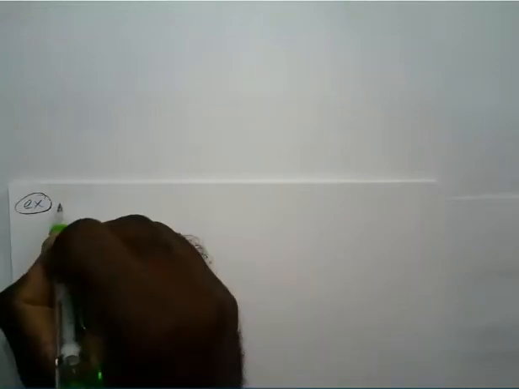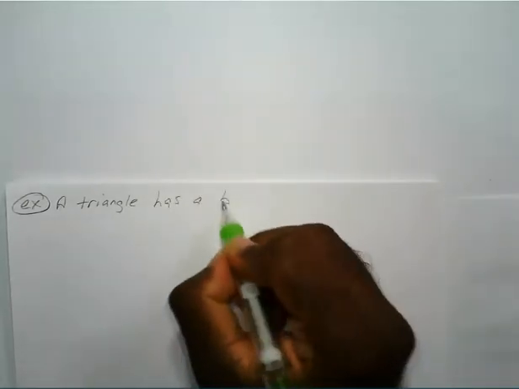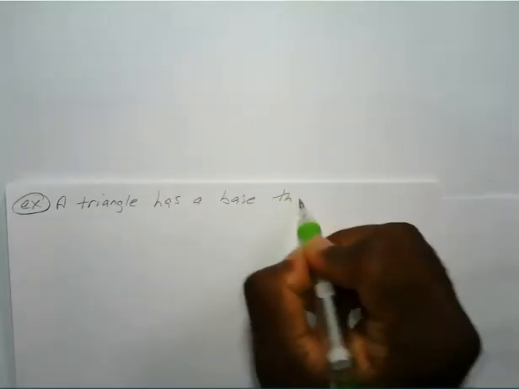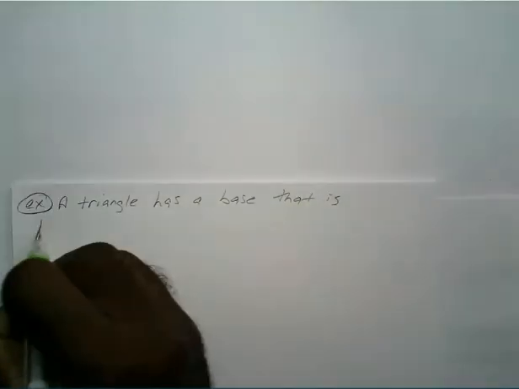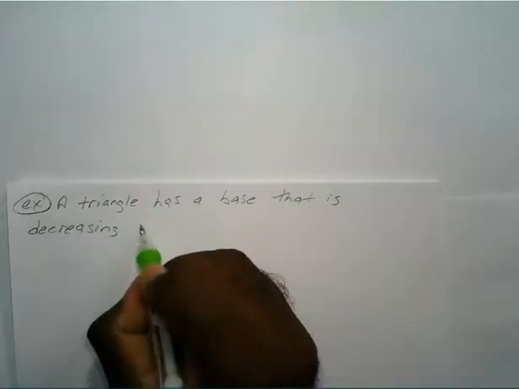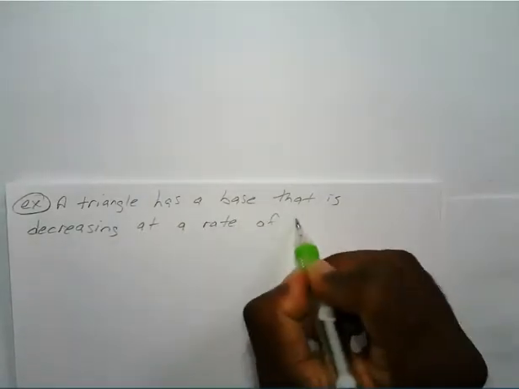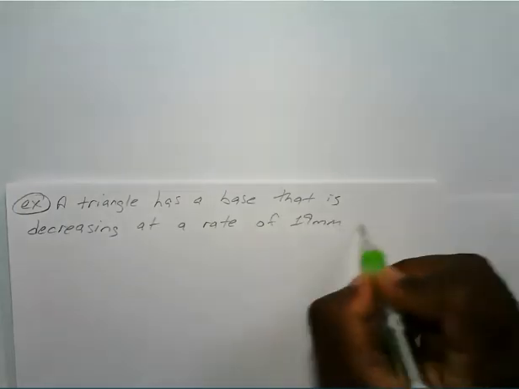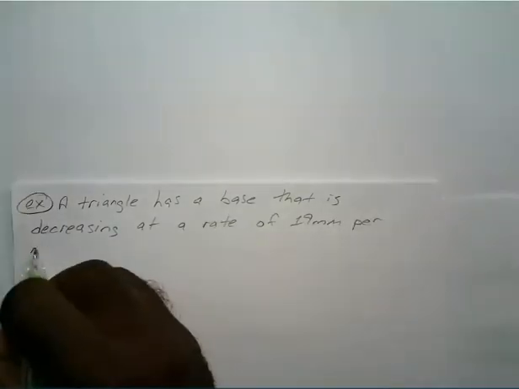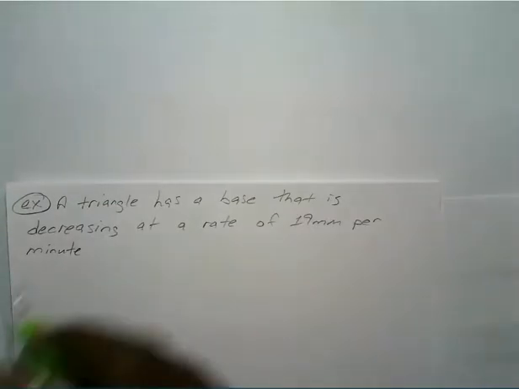All right, so let's say, for example, a triangle has a base that is decreasing at a rate of 19 millimeters per minute and a height that is constant.